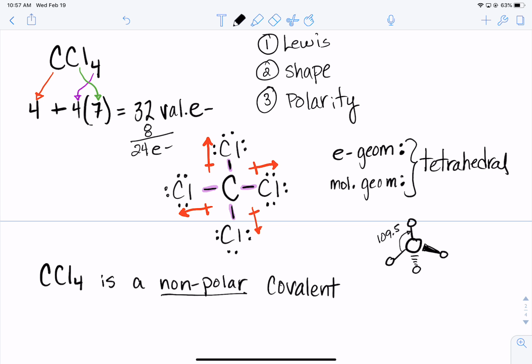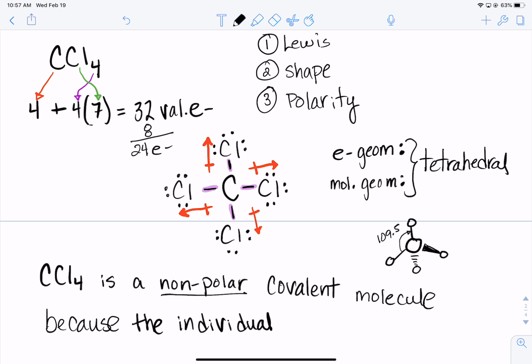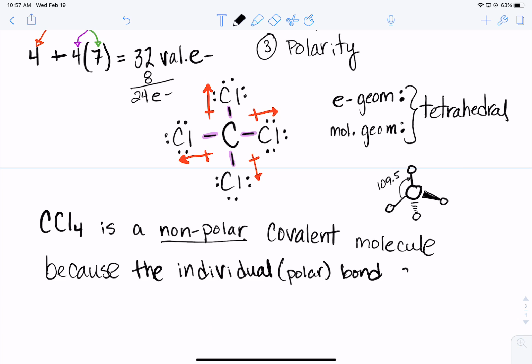Nonpolar covalent molecule because the individual bonds, and in fact the individual polar bonds, are all pulling equally.